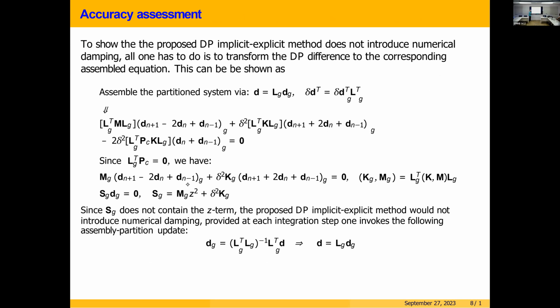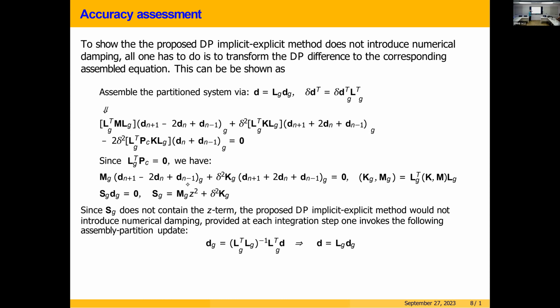The accuracy, I'm not going to spend too much time on it, except what you want to say here is, if you really assemble, this is a partition equation. If you assemble this one, what that means is L transpose G times PC is 0.